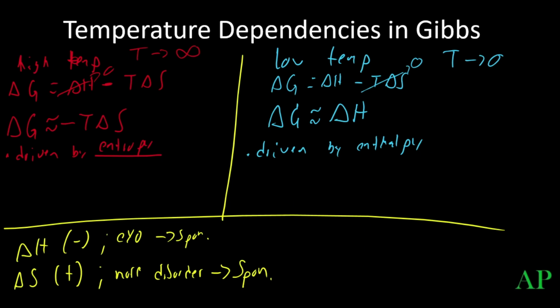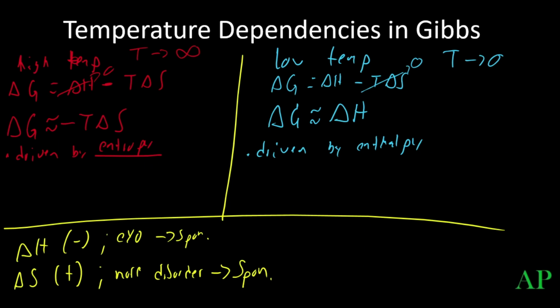If I have a high temperature reaction with low disorder, that is never going to be favorable, or a decrease in disorder. Reason being, a decrease in disorder would mean this is negative, negative times negative is positive, whole thing ends up being positive. That's not spontaneous. Versus a high temperature reaction that has an increase in entropy will always be spontaneous because Gibbs effectively reduces to this, positive times the negative is a negative, and then all of Gibbs ends up being negative.